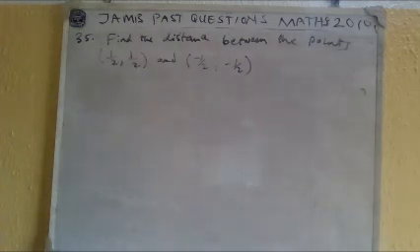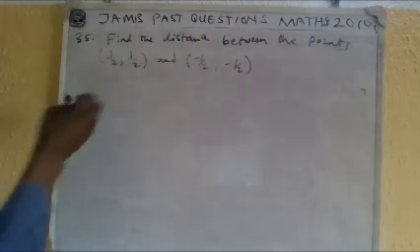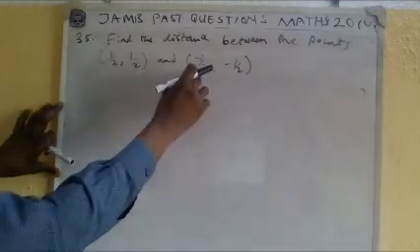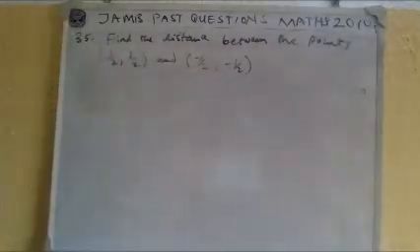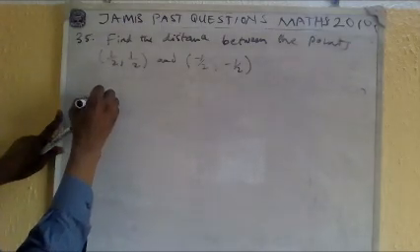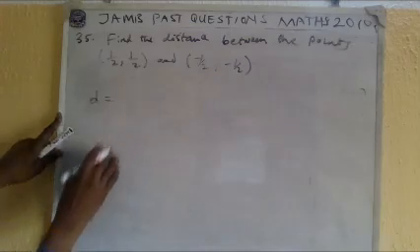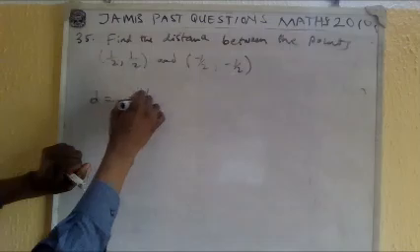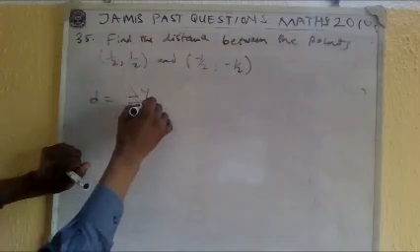So these 2 points are also Cartesian. This is the x value and y value of this point, and x and y of that point. So find the distance. Distance d is actually change in y over change in x.